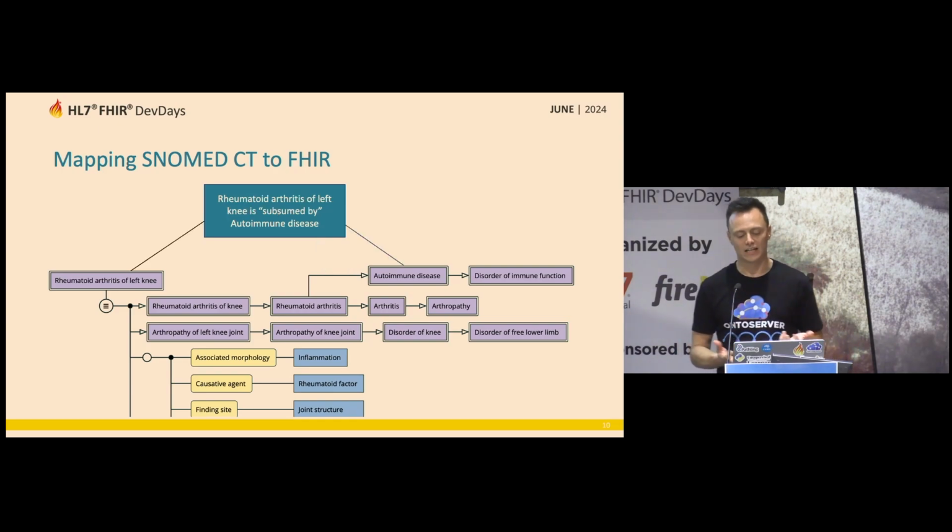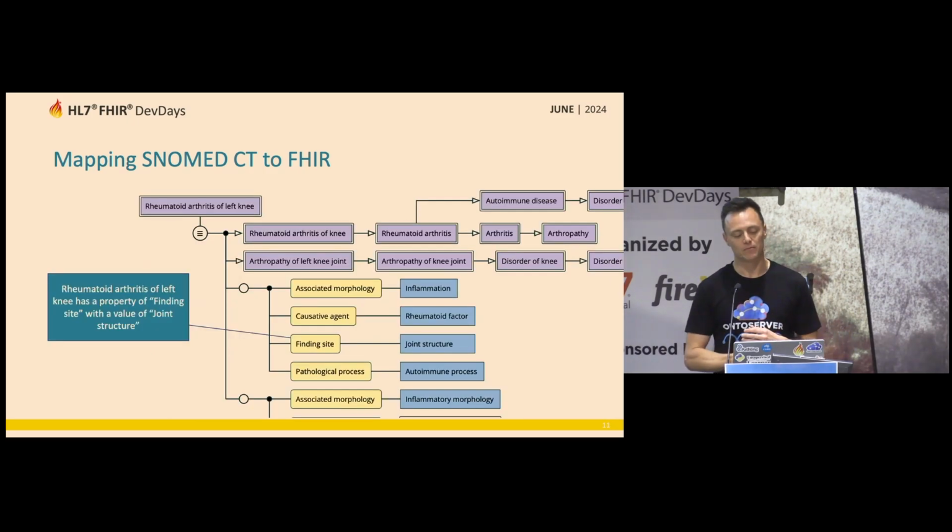These subsumption relationships can span multiple levels of the hierarchy, so it is just as true to say that rheumatoid arthritis of left knee is a type of autoimmune disease, and all the concepts in between. This becomes important when we want to find all the codes that are a subtype of another code.